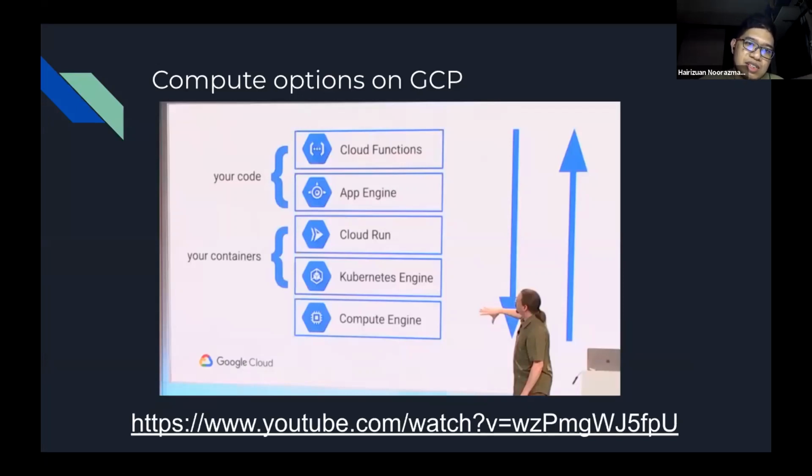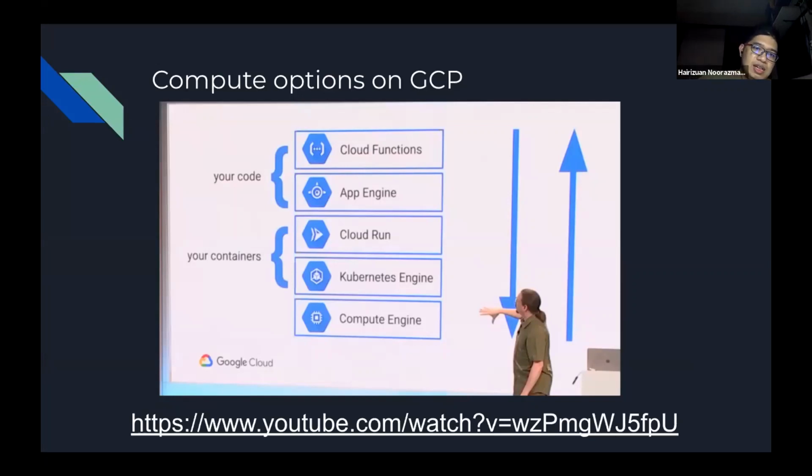This picture sums up the level of abstraction that you will see when you are trying to use compute options on GCP. If you are already familiar with virtual machines, let's say on Amazon, there's EC2, which is similar to Compute Engine.